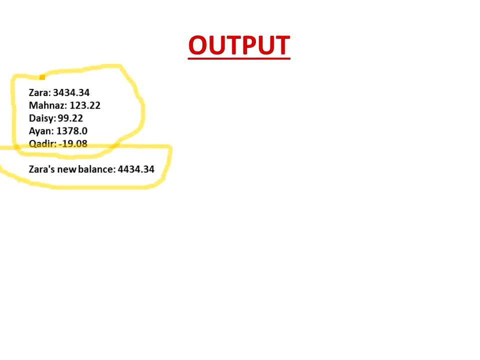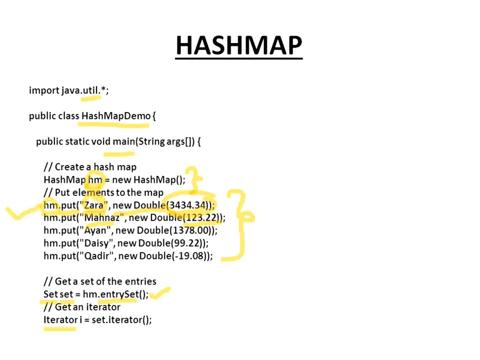Yes. In this example, what we have discussed is HASHMAP. By using HASHMAP, we have implemented the map interface. So in this example, first of all, we have entered these values by using the put method, the corresponding keys and values.